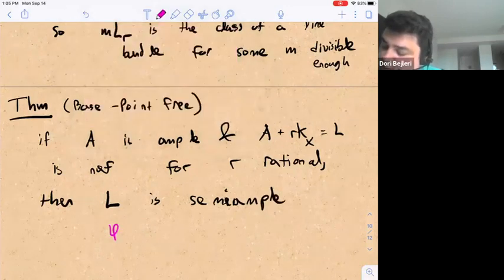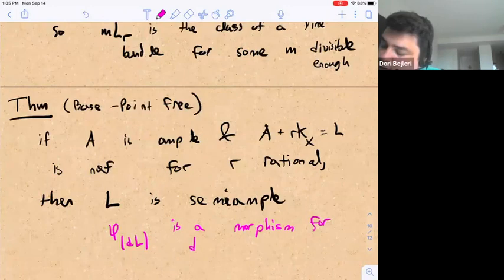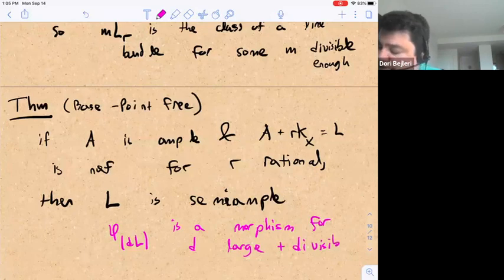I.e., the linear series associated to some large enough multiple of L is a morphism. So I'll add here large and divisible to clear out the denominators in A plus rK.